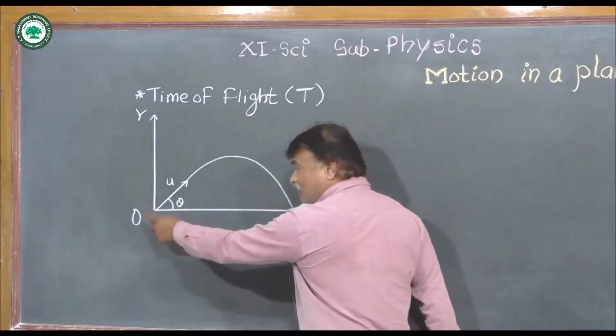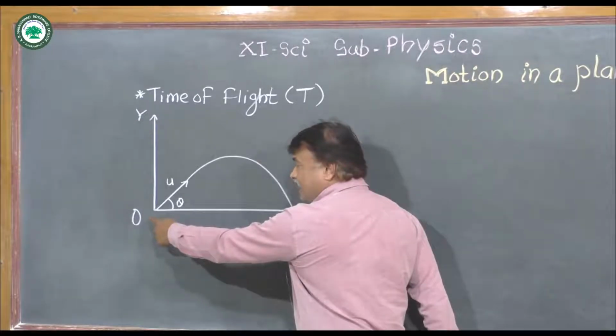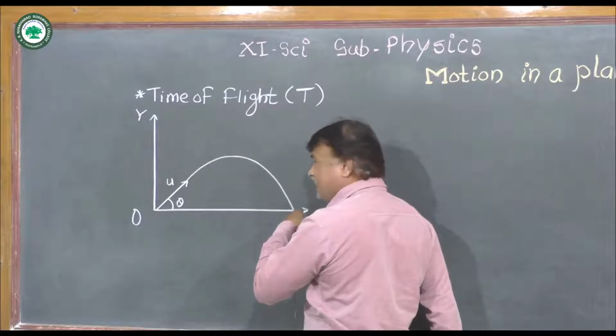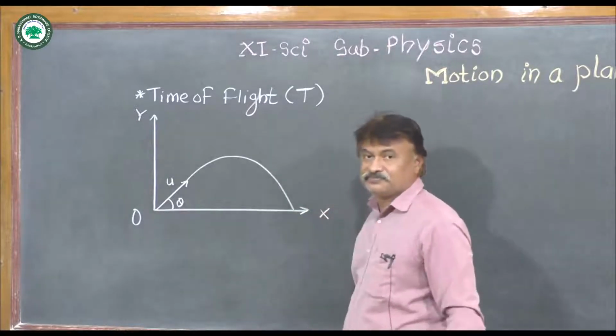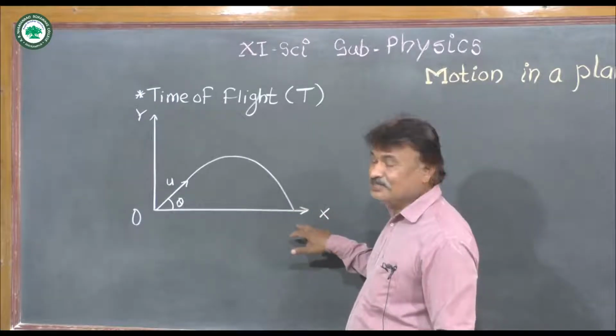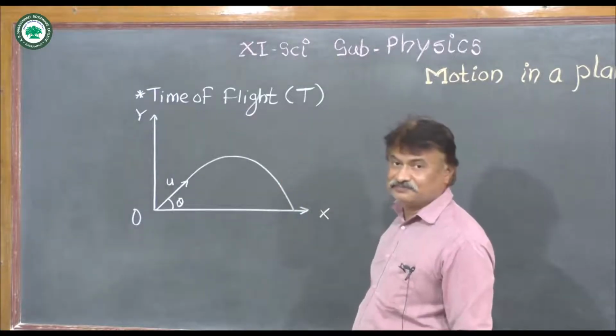Now when this object moves along the trajectory and comes again to the ground surface, the time required for that is called the time of flight.